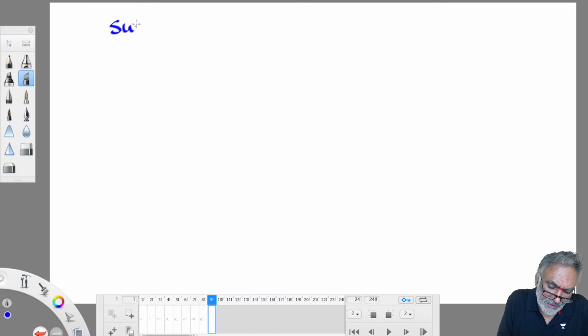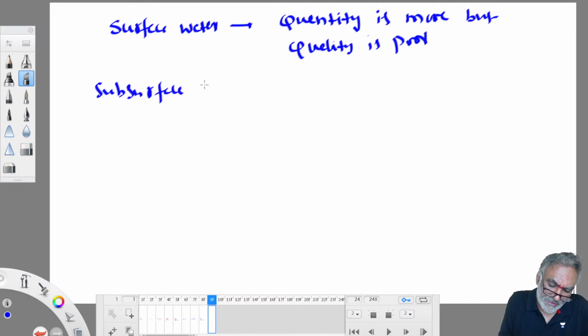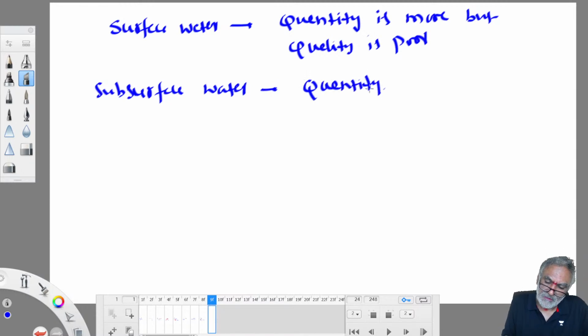So surface water, quantity is more, but quality is poor. Surface water is naturally subjected to some purification while passing through the ground. Subsurface water, quantity is less, quality is superior.